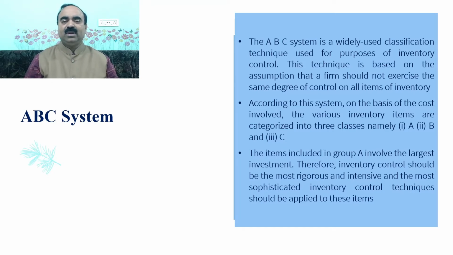According to this system, on the basis of the cost involved, the various inventory items are categorized into three classes, namely 1. A, 2. B, and 3. C. The items included in Group A involve the largest investment. Therefore, inventory control should be the most rigorous and intensive, and the most sophisticated inventory control techniques should be applied to these items.